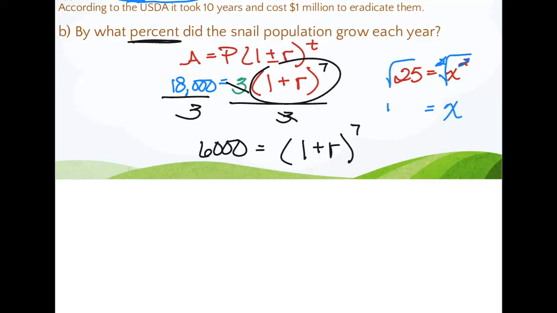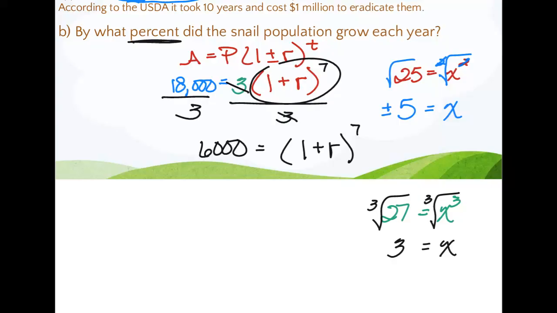So x equals plus or minus 5. When you're dealing with an x squared, you have a positive and a negative. So what if I had x to the 3rd equals 27? You would take the cube root. We have to take the 7th root. And here we would get x is equal to 3.